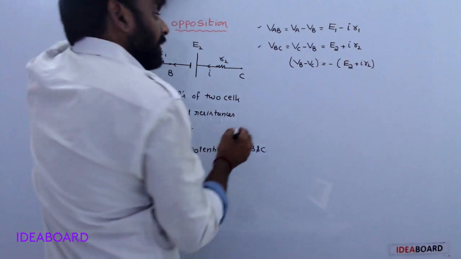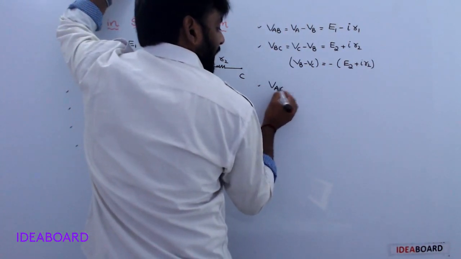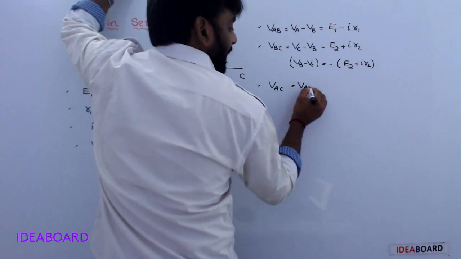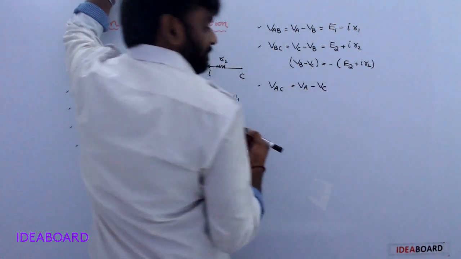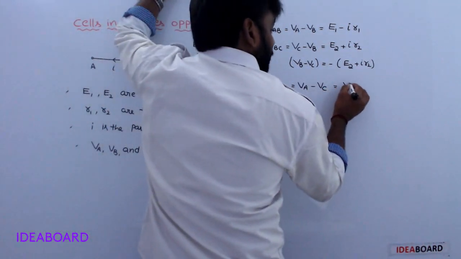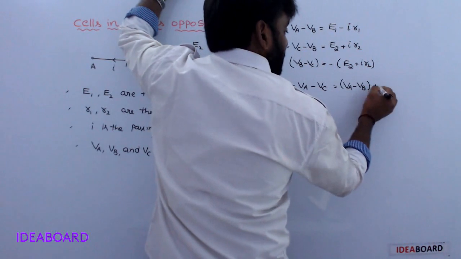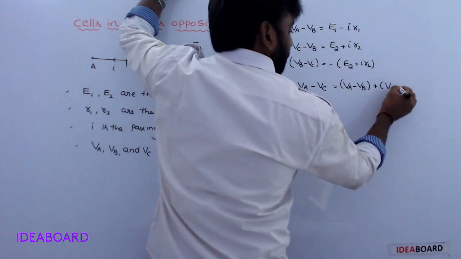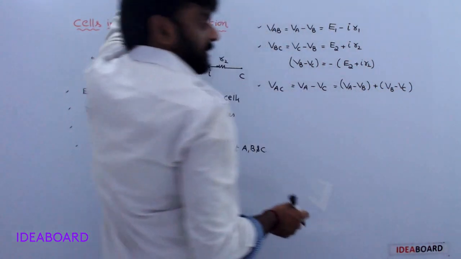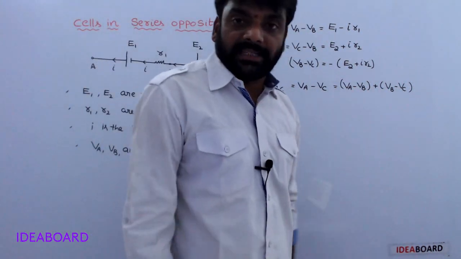Now, the potential between A and C: Va minus Vc. It can be written as Va minus Vb plus Vb minus Vc. See, minus Vb and plus Vb are cancelled.